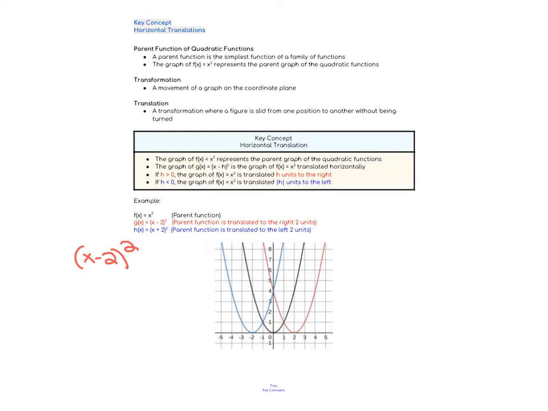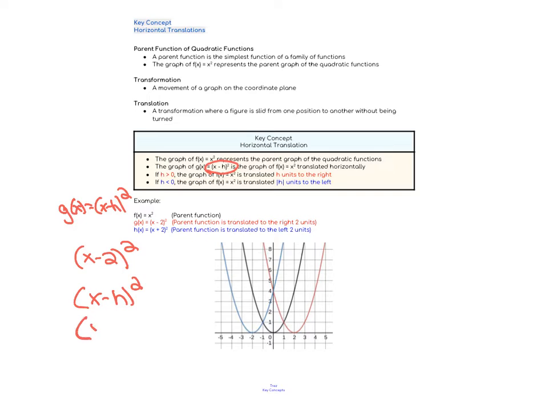So why is that? Well, the key is to look at this function right here. So we have g of x equals parentheses x minus h squared. So I'm going to bring it down right here. So it has to be x minus h squared. This is like the standard form.